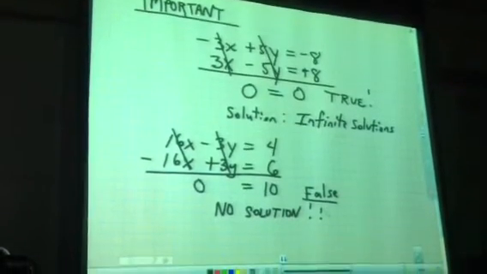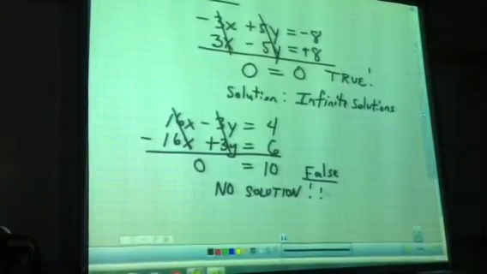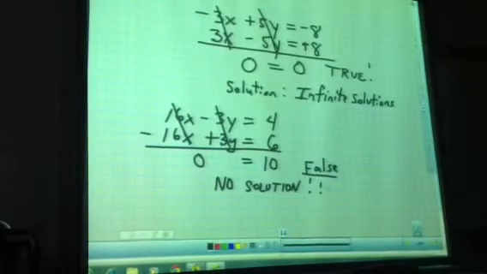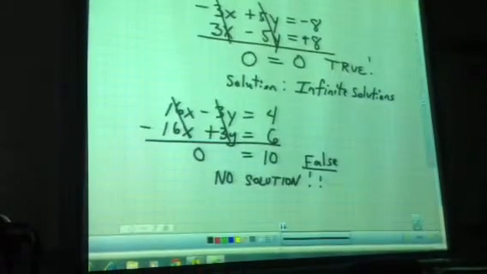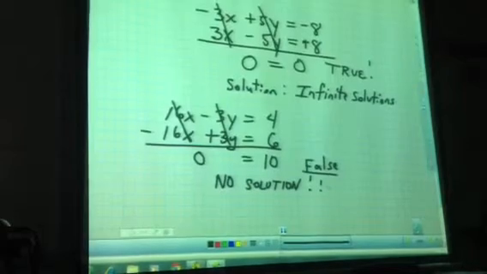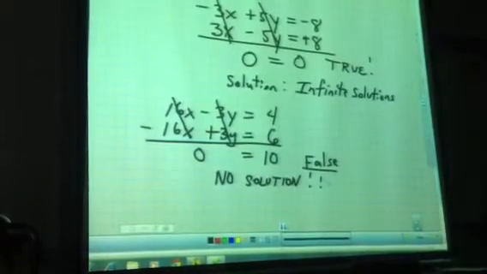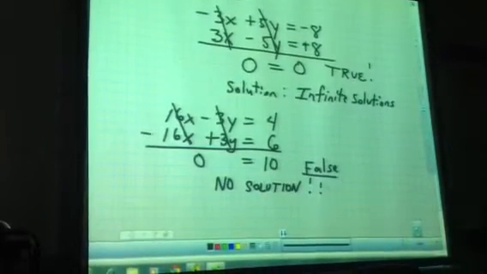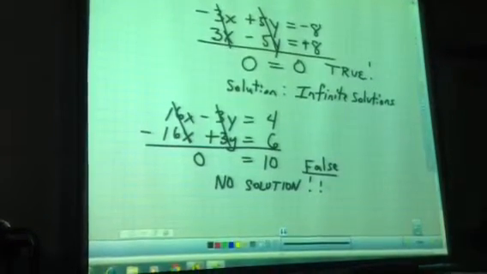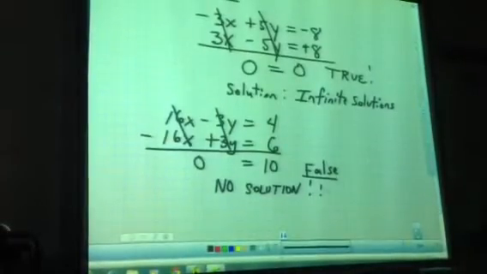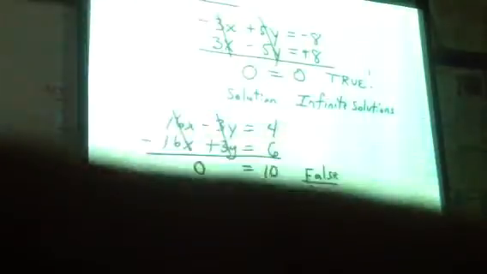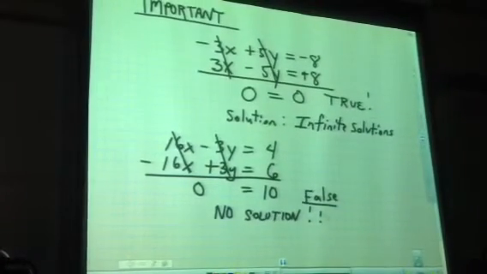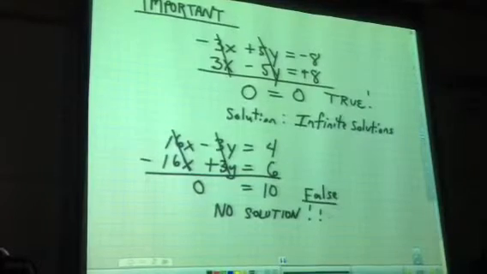No solution happens when, since a solution is a place where two lines intersect or touch each other, if there's no solution, that means the two lines are parallel and they never touch.